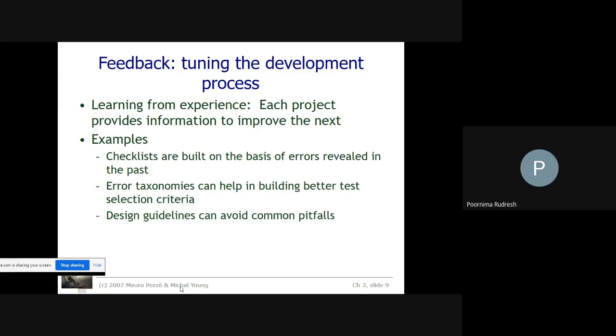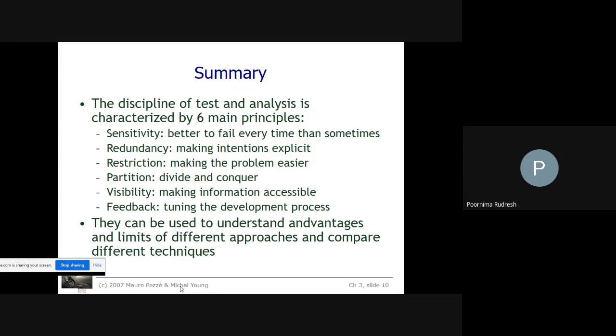So far you have studied six different principles. Sensitivity, redundancy, and restriction come under the specific analysis and testing principles. Partition, visibility, and feedback come under general principles.